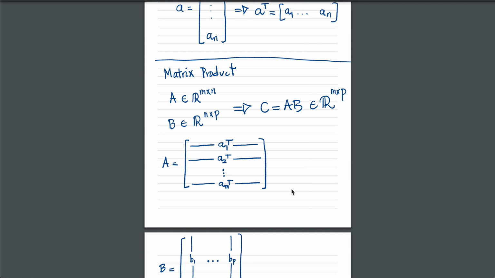The matrix product of matrices A and B is a third matrix C. In order for this product to be defined, A must have the same number of columns as B has rows. A has n columns, B has n rows.